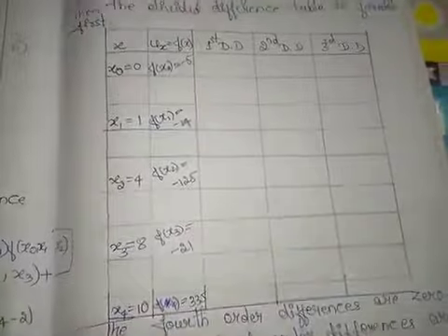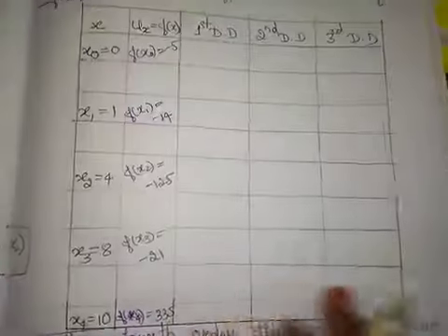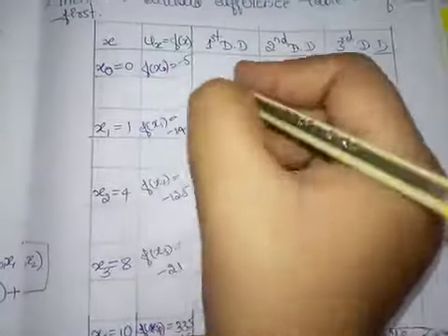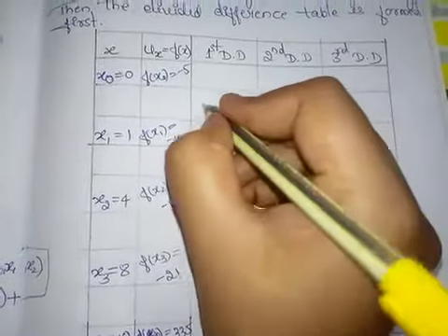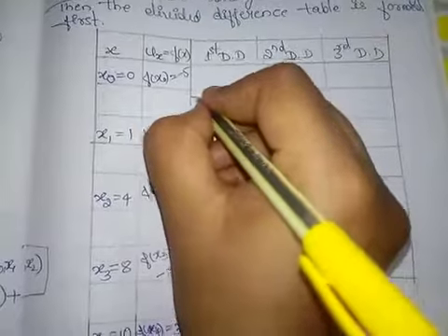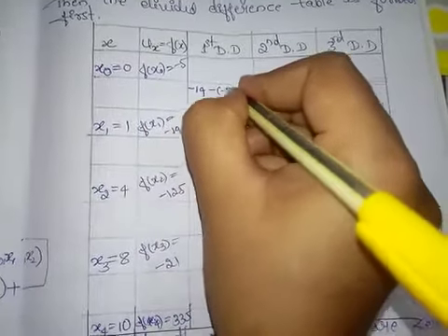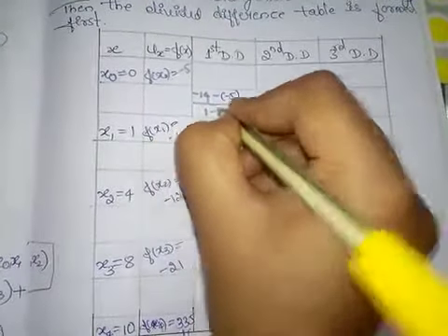Next, go for the first divided difference column. You already know how to find these values. Just observe, take the difference of these two and calculate. You get, I will write, minus 14 minus 5 divided by 1 minus 0.